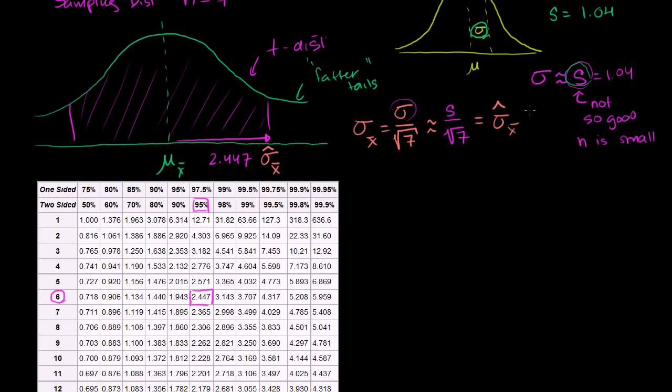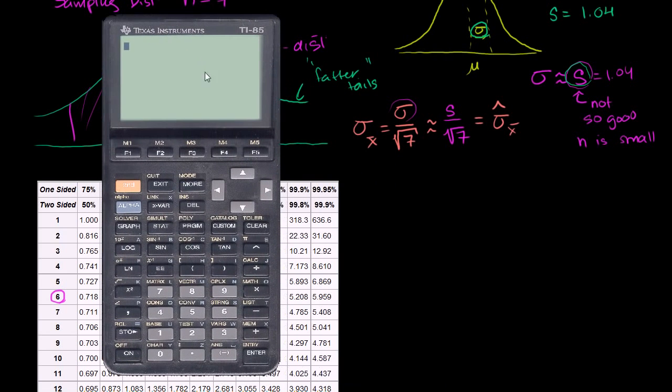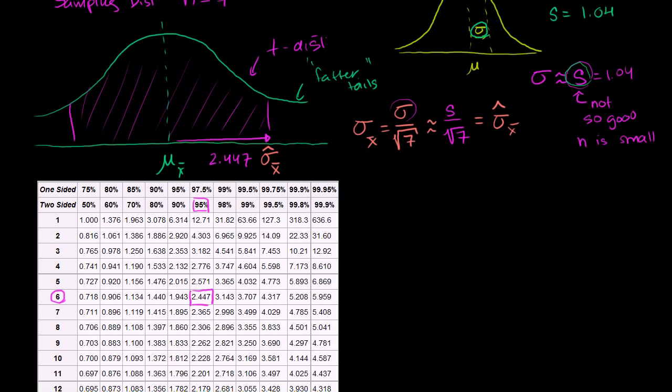And we know what this value is. So let's get our calculator out. We know our sample standard deviation is 1.04, and we want to divide that by the square root of 7. So we get 0.39.